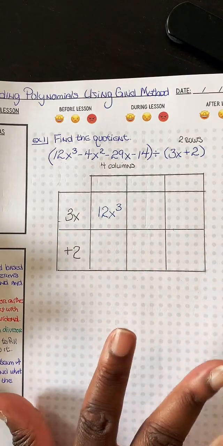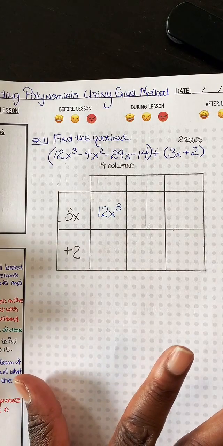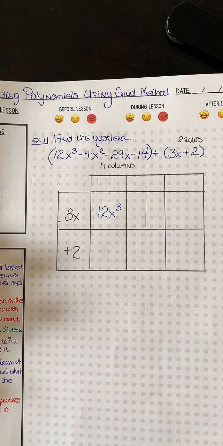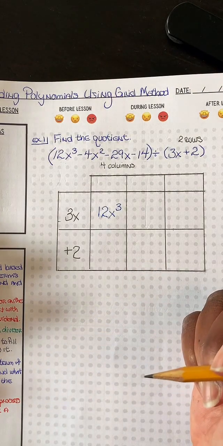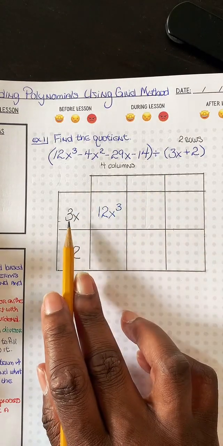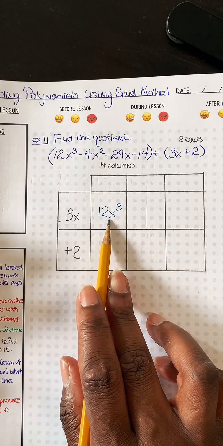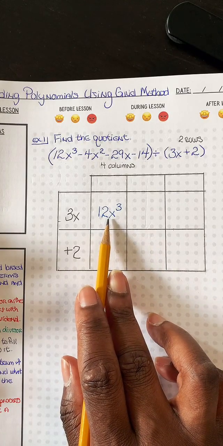Okay? If you want, stop what you're doing and just watch. Now, I have to ask myself, just like if I was doing long division, what times 3x will give me 12x cubed?